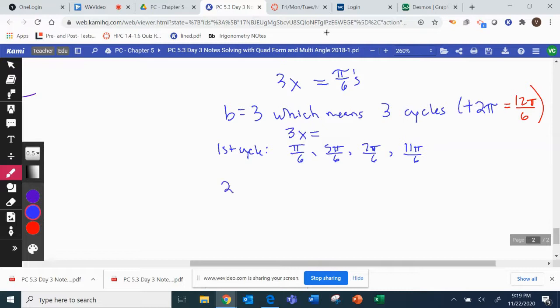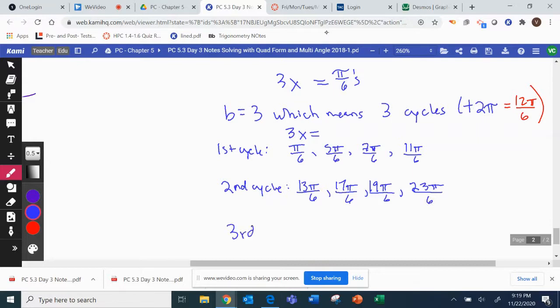My second cycle, I'm adding 12 pi over 6 for each of these, so I'll get 13 pi over 6, 17 pi over 6, 19 pi over 6, and 23 pi over 6.